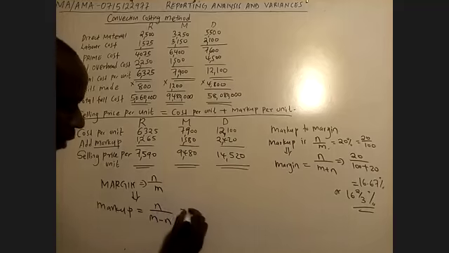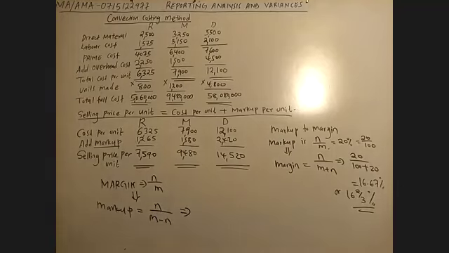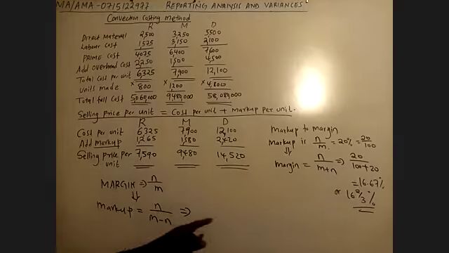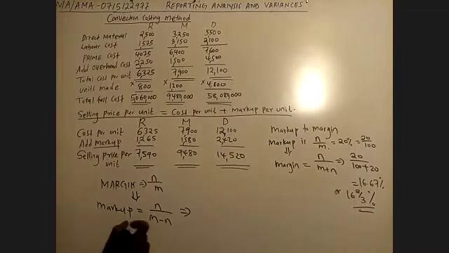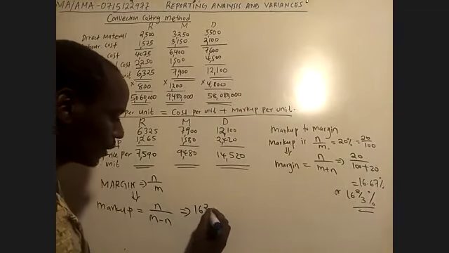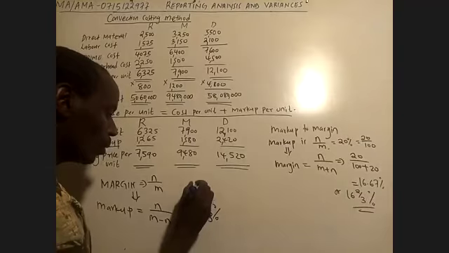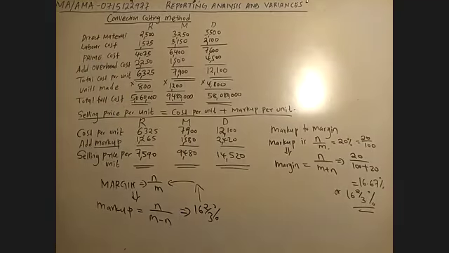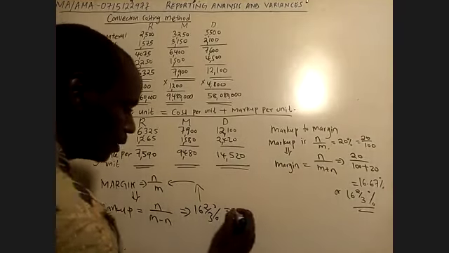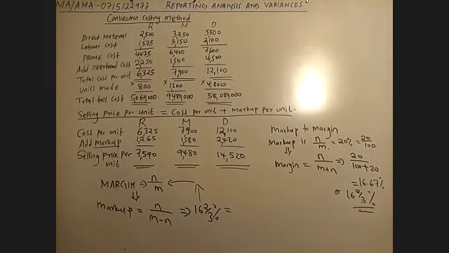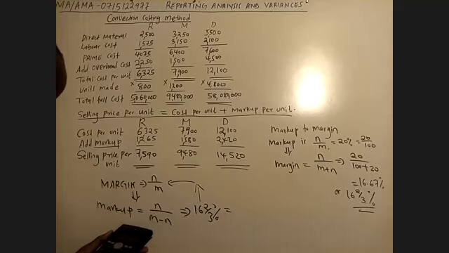Now let us assume our margin is 16 2 over 3 percent, and we want to go to our markup. So how do you do it? This is like saying 16 times 3 plus 2, which is 50.